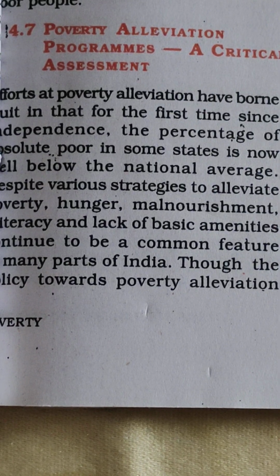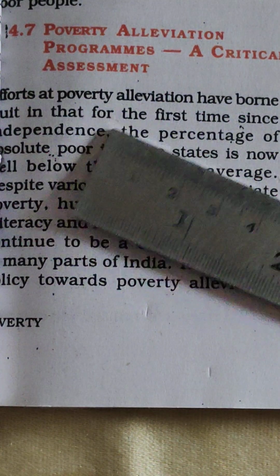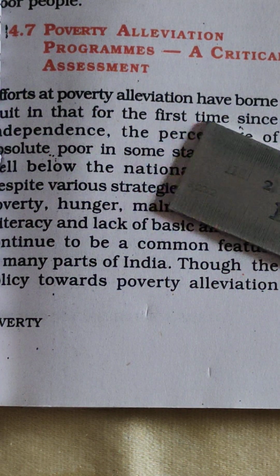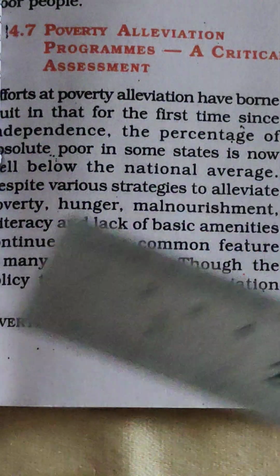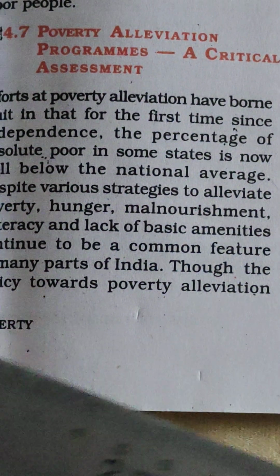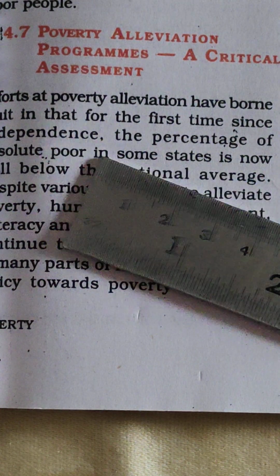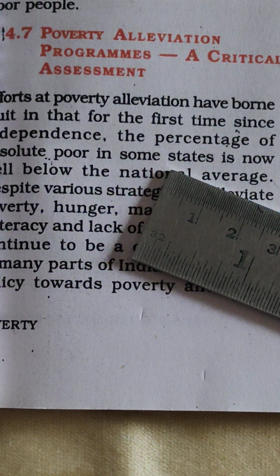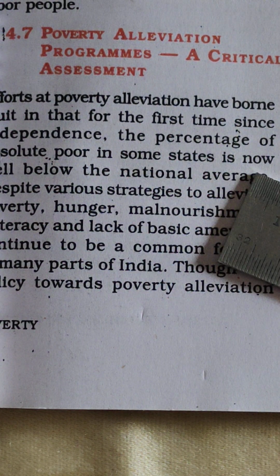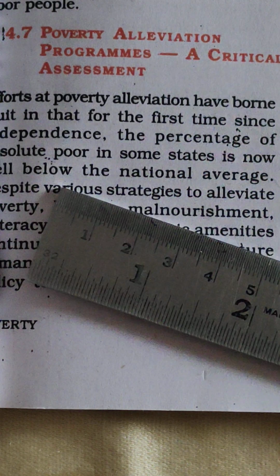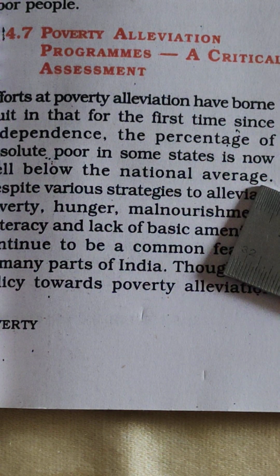So, critical assessment. Efforts at poverty alleviation have borne fruit in that, for the first time since independence, the percentage of absolute poor in some states is now below the national average.